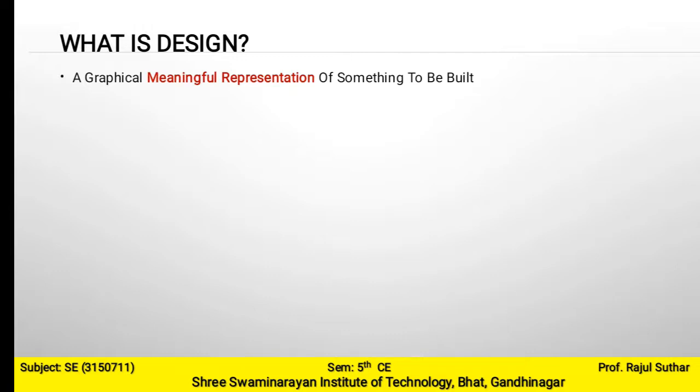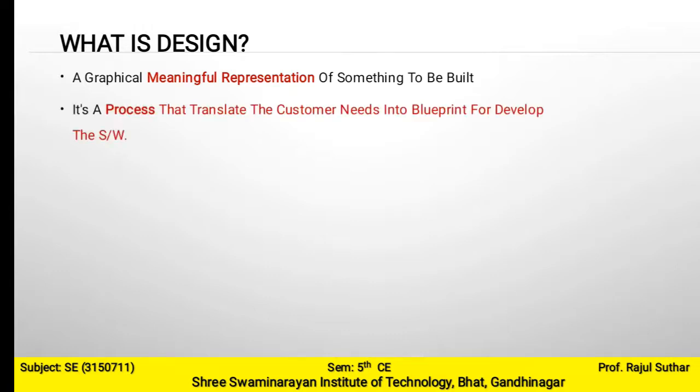We are building a software product. Design is a process that translates the customer need into the blueprint for the development of the software. So design is nothing but one type of blueprint.